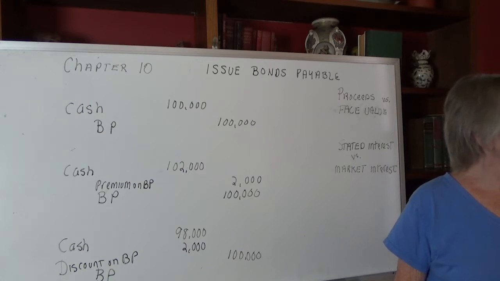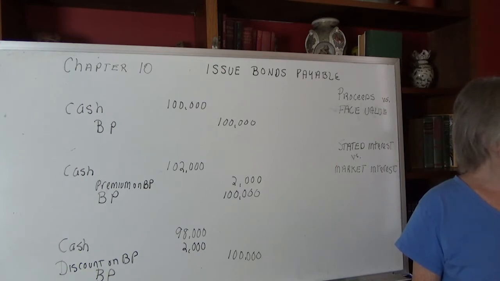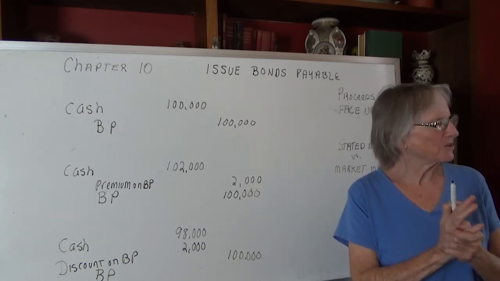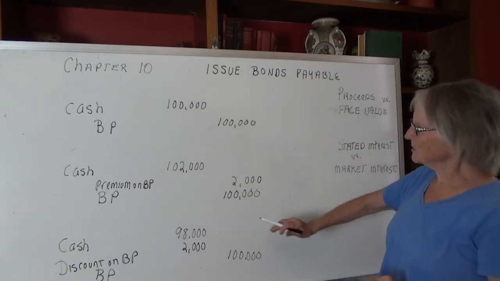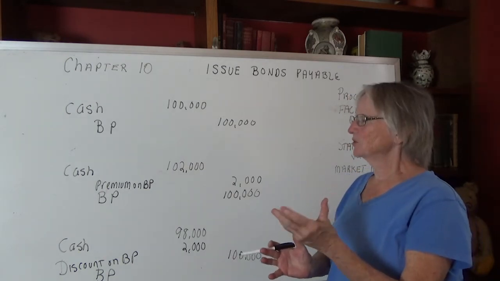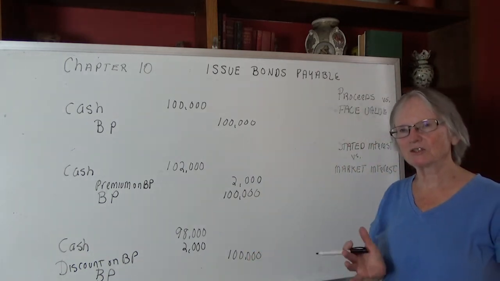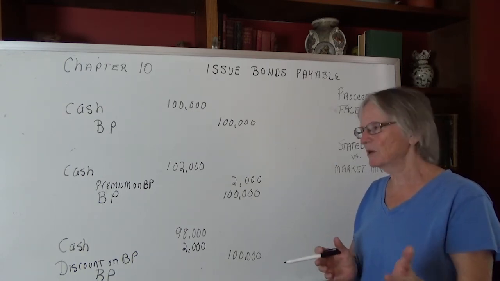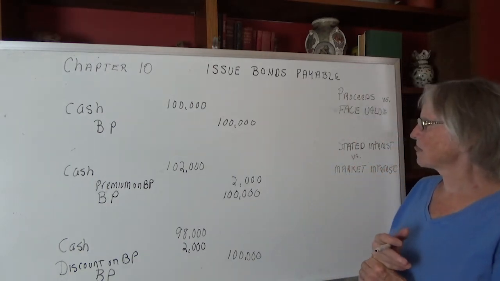Okay, so now I guess the next question is, why would that happen? Why would people pay 102 when we're only going to pay them back 100? Here you have to think about the stated interest rate versus the market rate. How the bonds work is that, say it's a 10-year bond, we would pay back the 100,000 at the end of the 10 years, but over those 10 years, twice a year, we would pay those bondholders interest based on the stated interest rate of the bond.